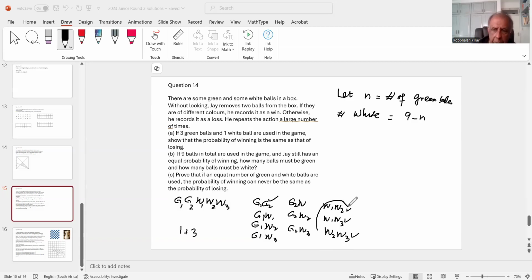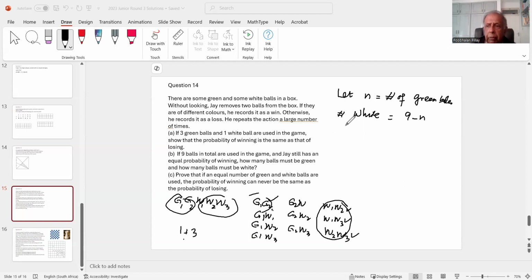This 3 is where you are choosing 2 W's from 3 W's. And this 1 is where you are choosing 2 G's from 2 G's. There's only one way in which you can choose 2 G's from 2 G's, and there are 3 ways in which you can choose 2 W's from 3 W's.